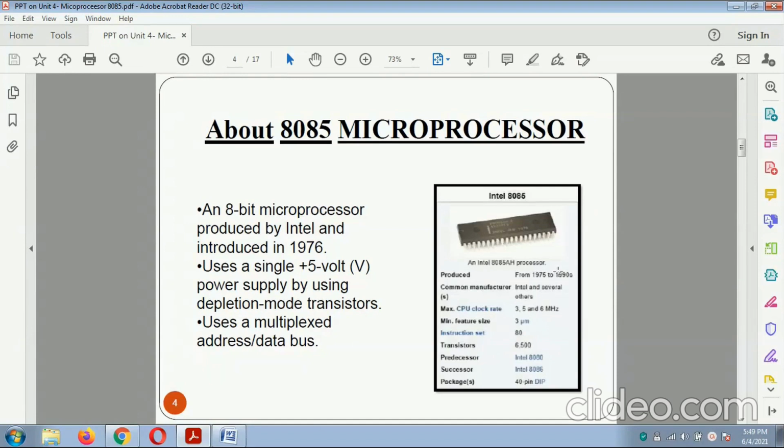This is the diagram which is related to the Intel 8085, produced from 1975 to the 1990s. It is a commercial manufacturer CPU having 2.5 to 16 megahertz clock speed, minimum feature size is 3 micrometers, instruction set is 80, transistors 6500, predecessor is Intel 8080, successor is Intel 8086, and the package is 40 pins DIP.